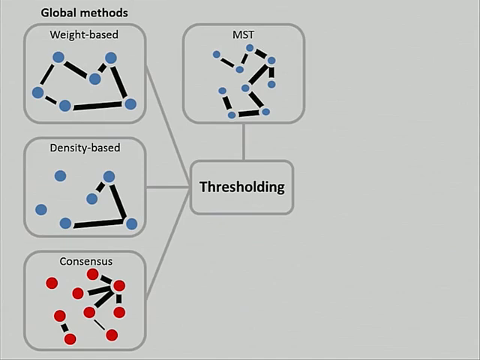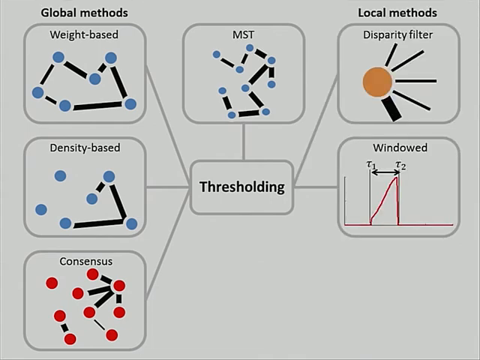So just to summarise, I've presented global methods for thresholding. The two most popular methods that are used are weight-based and density-based thresholding. I've also introduced consensus thresholding, where we seek to find a consensus across a group of subjects. The MST, the minimum spanning tree, can be used to ensure that our network does not fragment, so there's no disconnected nodes.